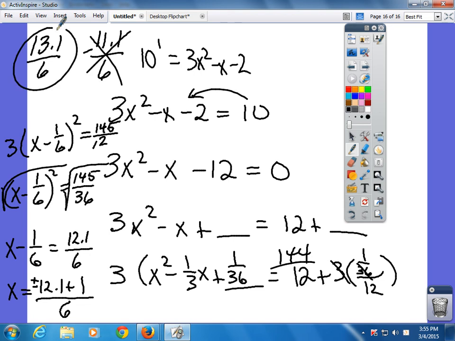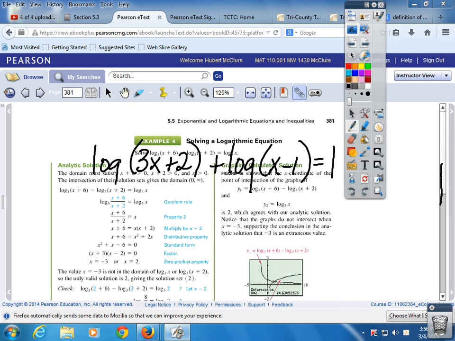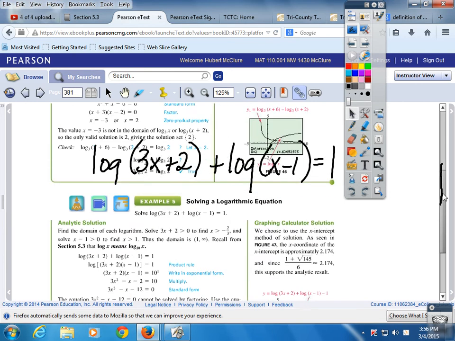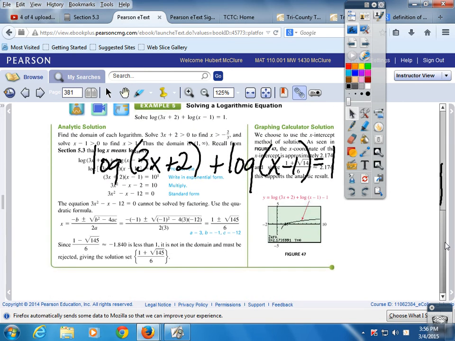What is 13.1 over 6? Dang, 2.2. I don't know what the answer is. We'll look. Yeah, it's here. Where's our answer? Is that the one we're doing? Somebody do 1 plus the square root of 145 over 6.